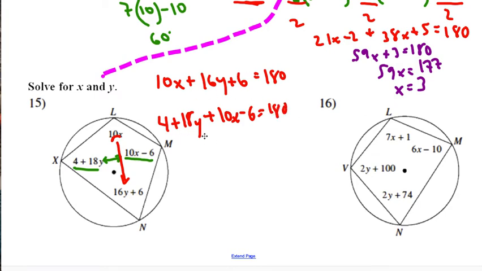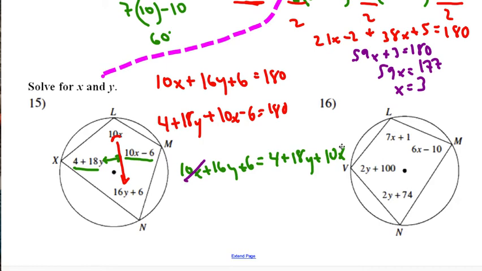Now if they're both equal to 180, then I can safely argue, remember transitive property, that 10x plus 16y plus 6 equals 4 plus 18y plus 10x. What does that mean? Well, conveniently enough, because I have an x and a y and an x and a y, I shouldn't be able to solve this because I only have one equation.